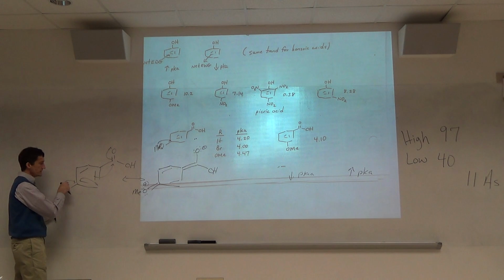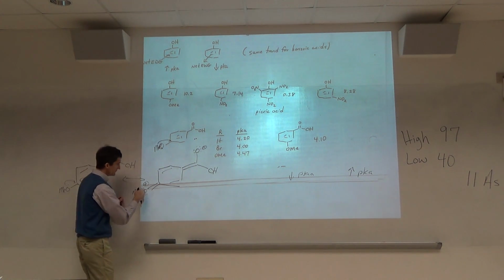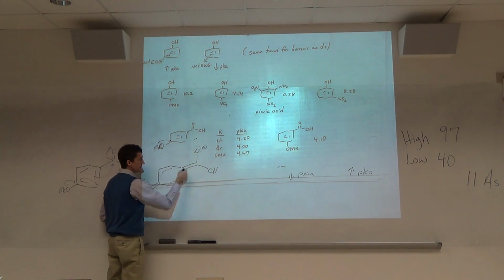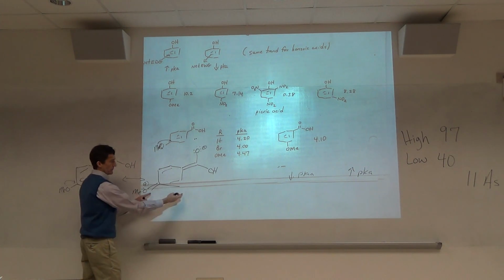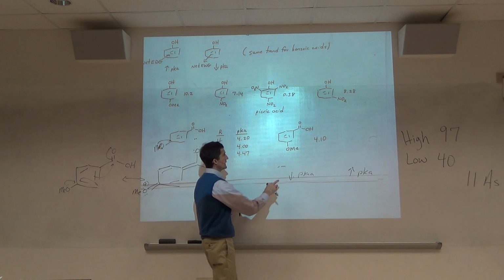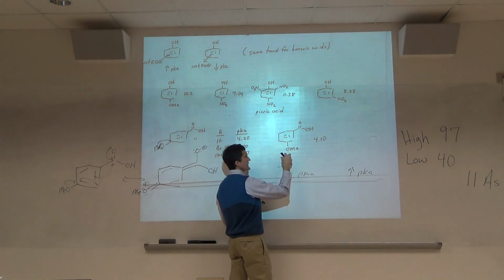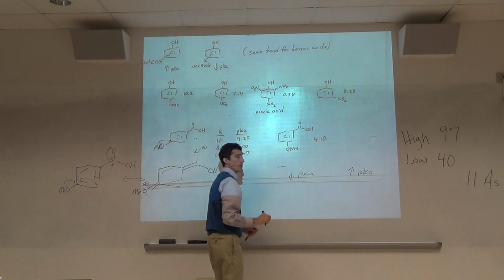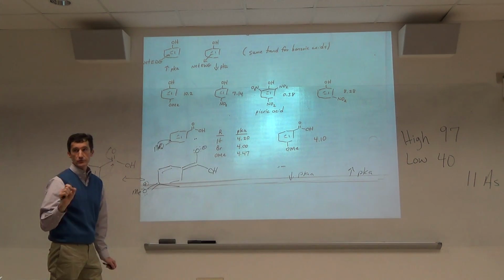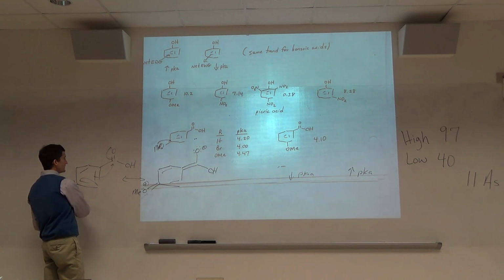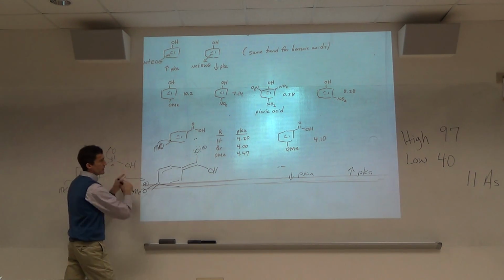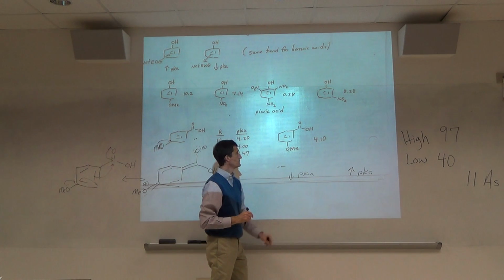Basically, this lone pair is conjugated all the way through here, and we can shove donation of the lone pair into the carbonyl. You can do this stepwise and arrive at this. Over here, we cannot. You can never draw a resonance structure where these electrons are delocalized into that carbonyl. You should try and see that you cannot do that. These electrons pump more electron density into that carbonyl than this.